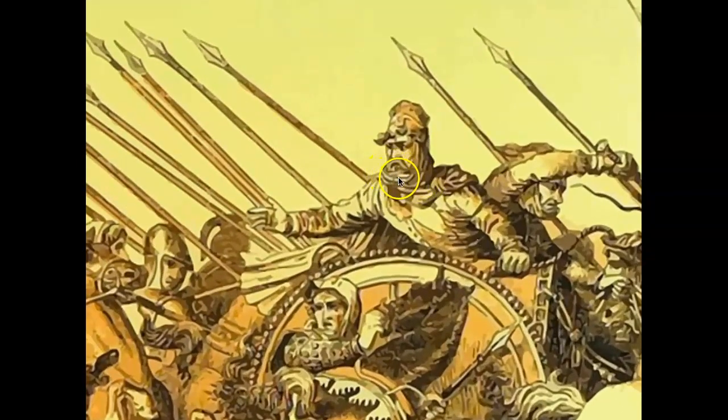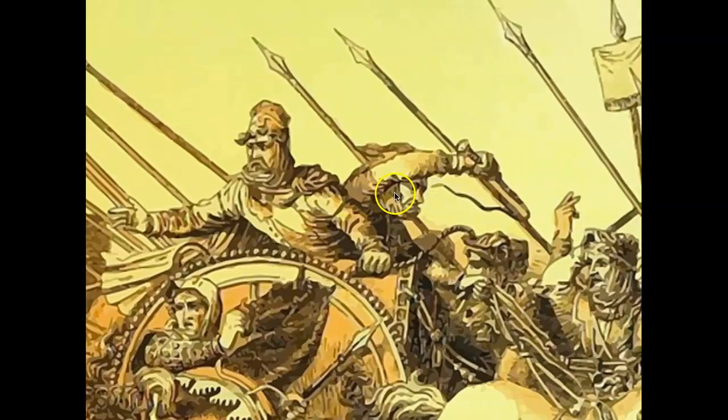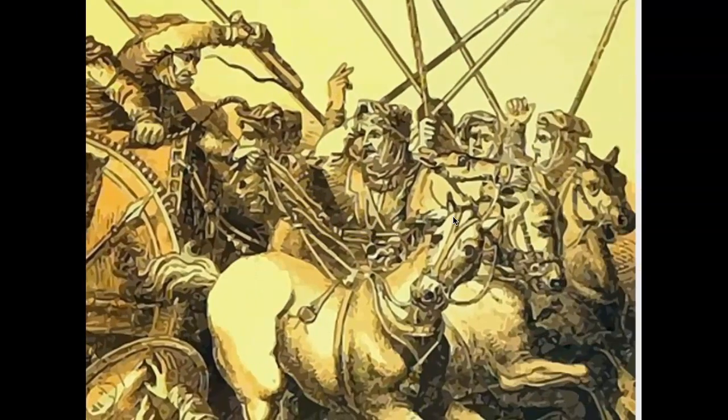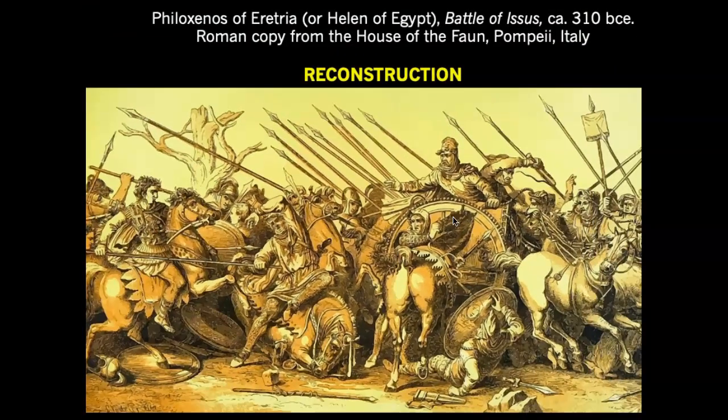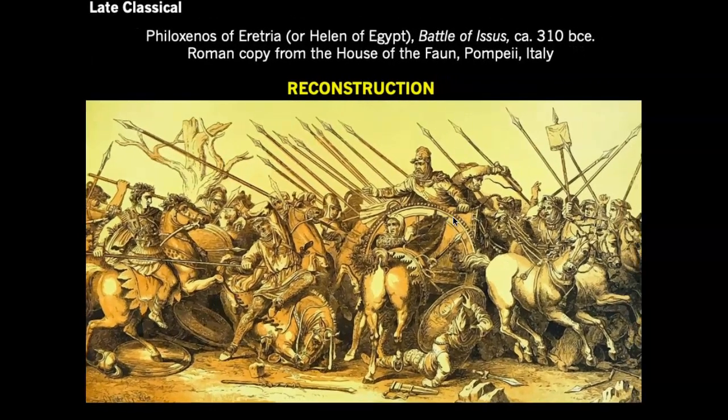His mouth is open and he's ordering for the retreat. His chariot driver is whipping the horses, and the horses are pulling away from the battle. But in the chaos of the war, the chaos of the screams and the falling of soldiers, other Persian soldiers have not heard the call for retreat, and they advance and they advance. And Alex looks at Darius.